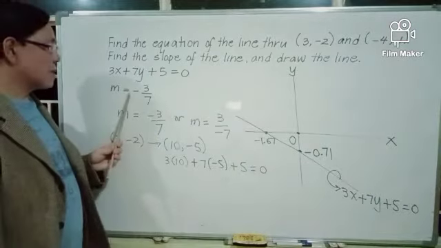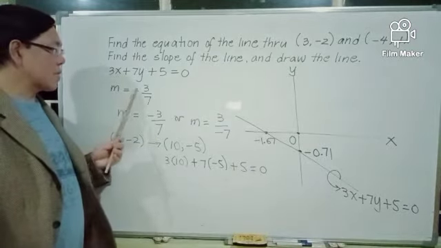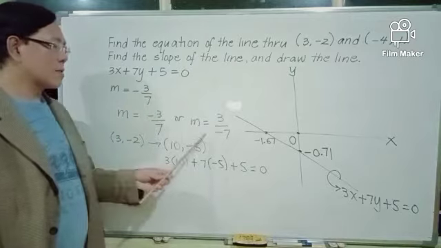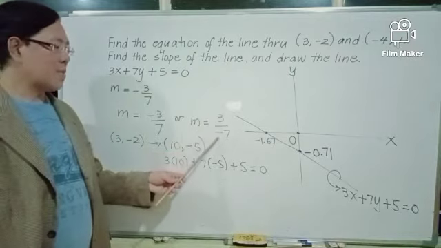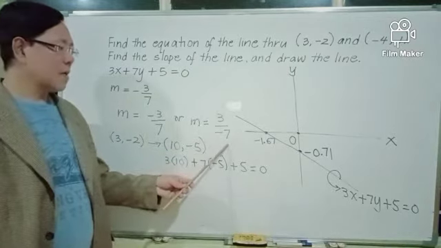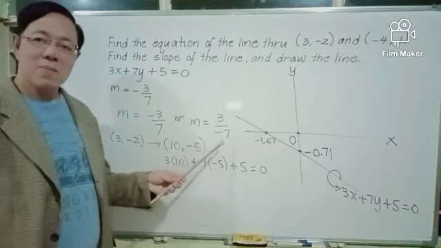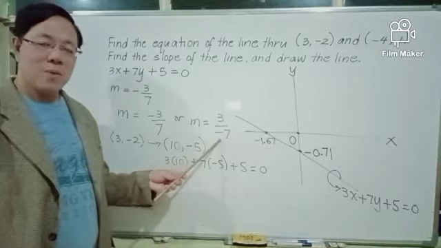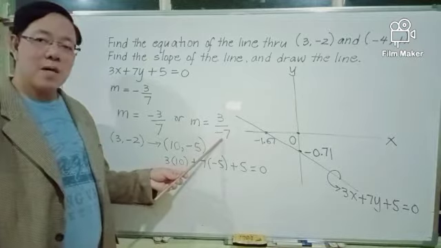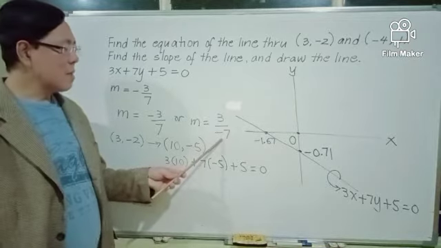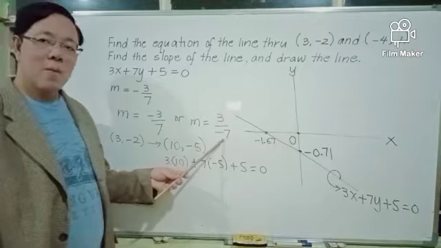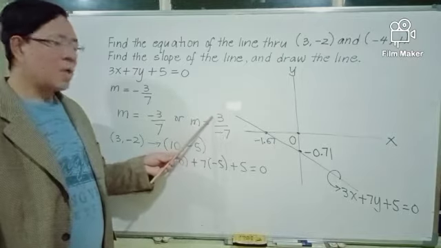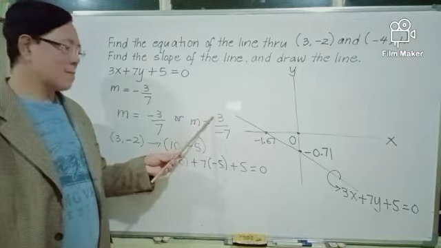Now, if you write the slope negative 3 over 7 as positive 3 divided by negative 7, this means that if the value of x, the abscissa of the point, is decreased by 7 units, the ordinate of the point will increase by 3 units.